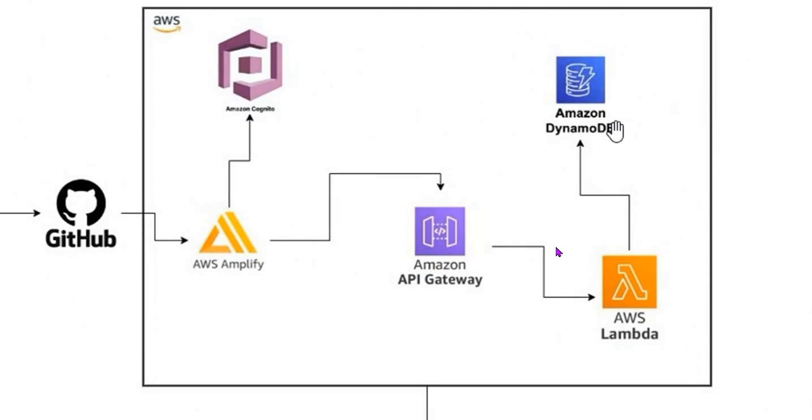And the best part is whenever you want to destroy your application, you can simply write a command on your CLI. The command is amplify delete. So your whole architecture on the cloud will be deleted.